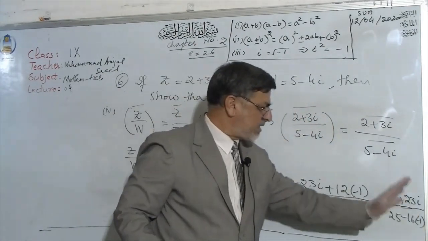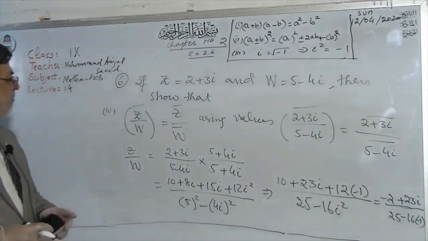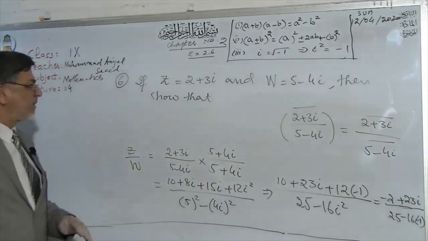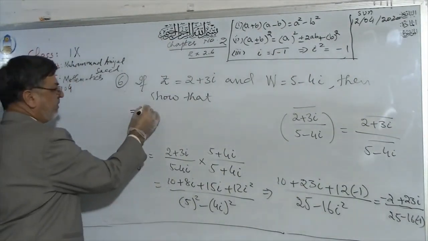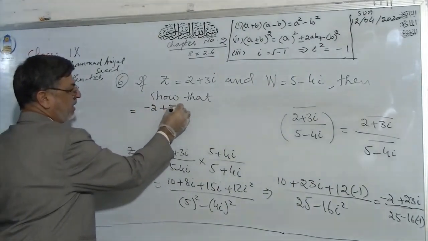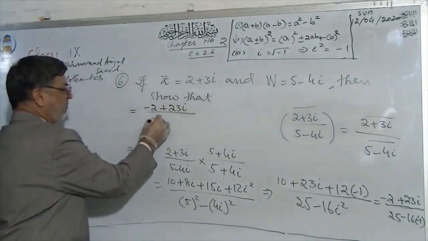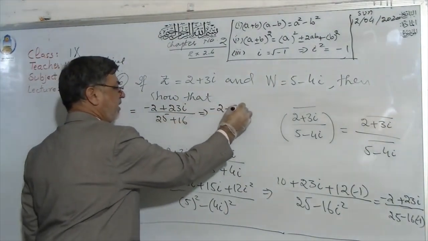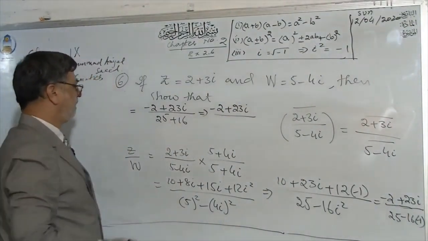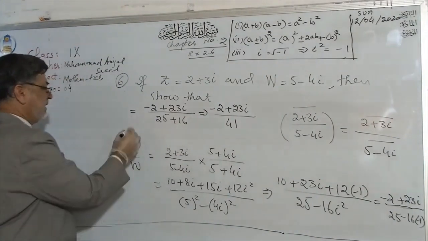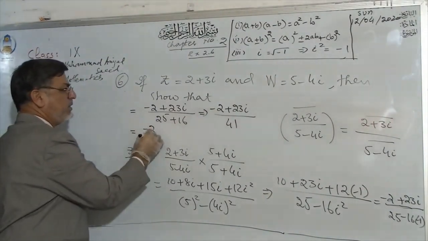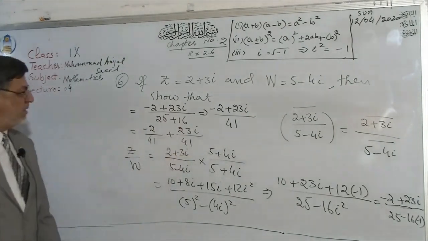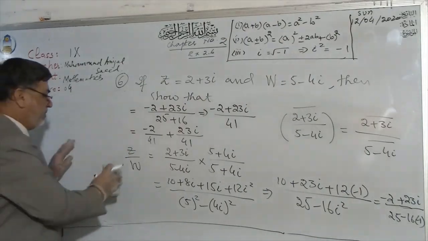Value of iota square is minus 1. That will be minus 2 plus 23 iota divided by 25 plus 16, which is 41. This is minus 2 over 41 plus 23 iota over 41. This is your Z over W.